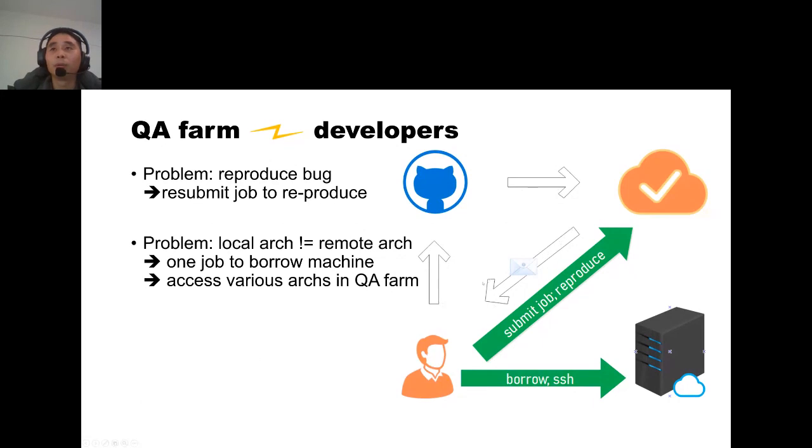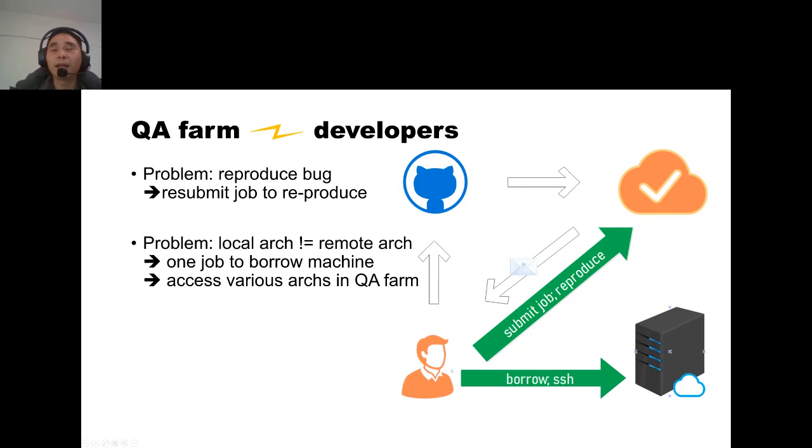However, to better help the developers, especially if the test case is too complex to be reproduced in a local environment, or if the remote hardware has a different architecture than the developer's local environment, then it's normally not possible to reproduce it locally.